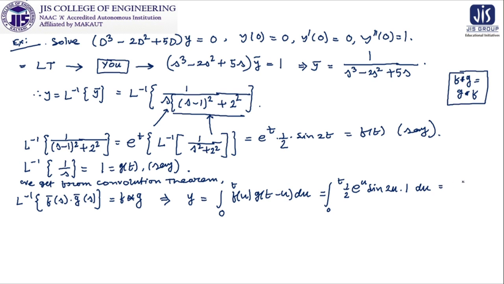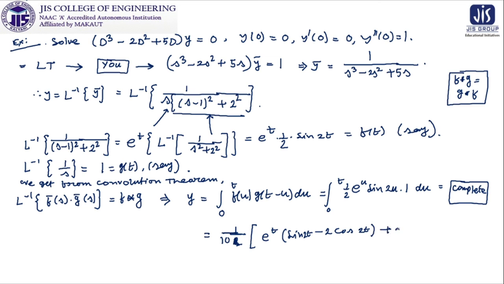Again I am keeping the completion of this integration for you. After completing it and putting in the limits of the definite integral, we will get the result as 1 by 10 e to the power t (sine 2t minus 2 cos 2t) plus 2.